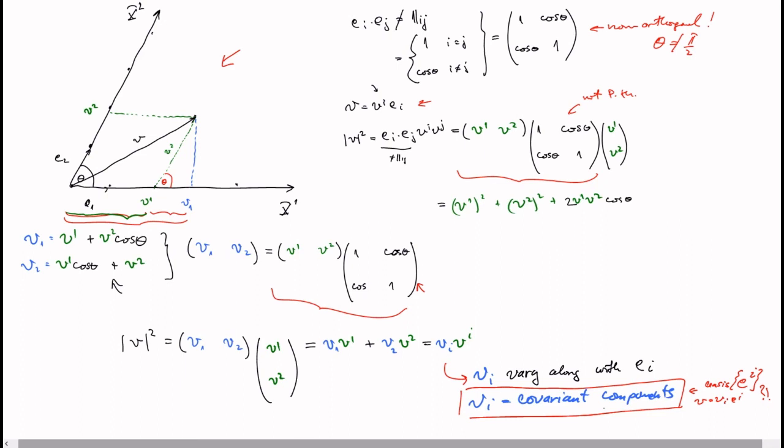It appears here as a relationship between the green ones and the blue ones. That's one way where it appears, and the other one is here, telling us this is not the Pythagorean theorem. It defines the scalar product.